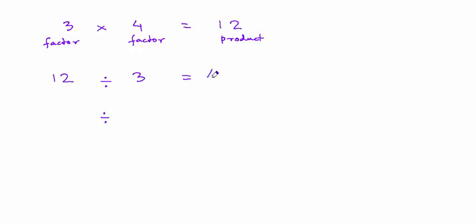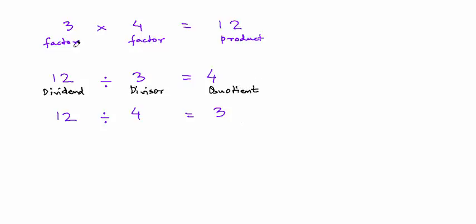So we say 12 divided by 3 is 4, or 12 divided by 4 is equal to 3. So the product from the multiplication sentence becomes the dividend, as I said. And then one of the factors is the divisor. And then the quotient is the other factor.